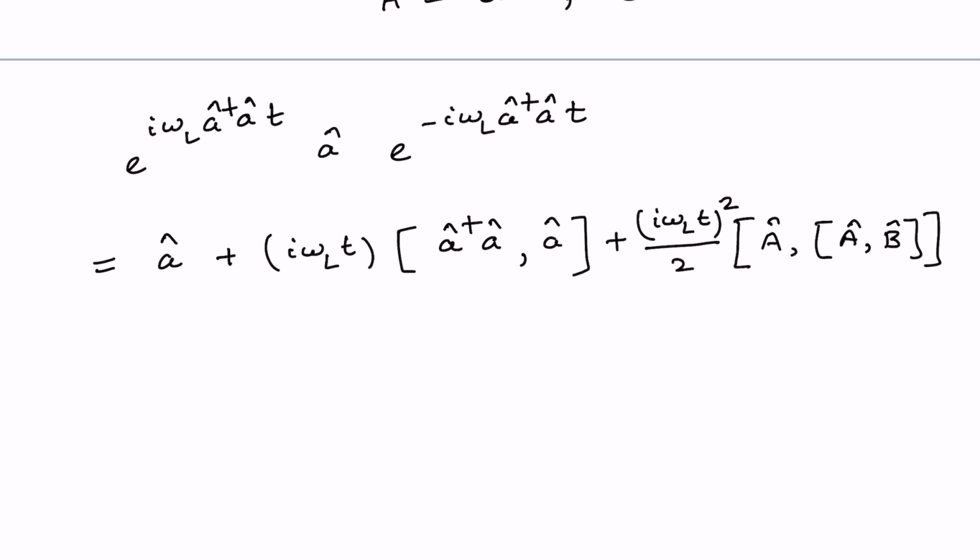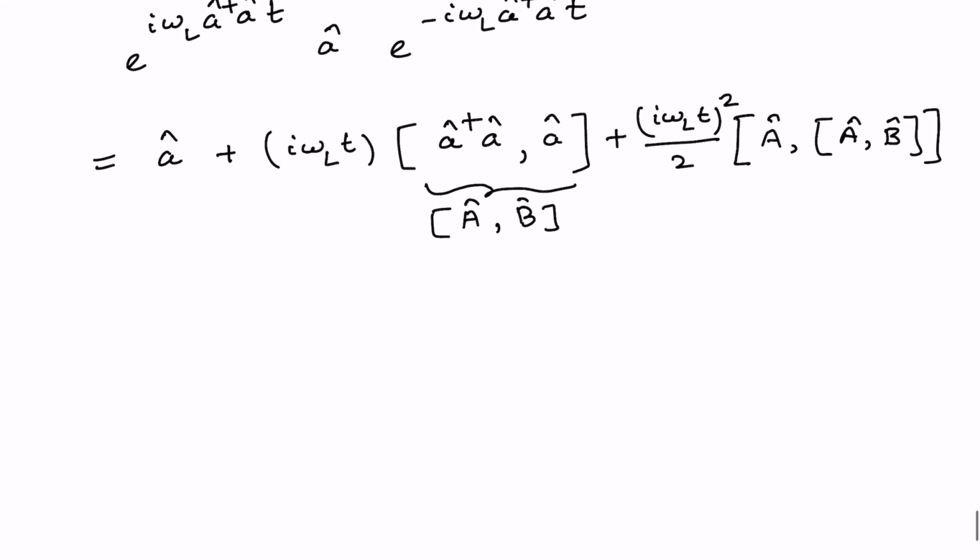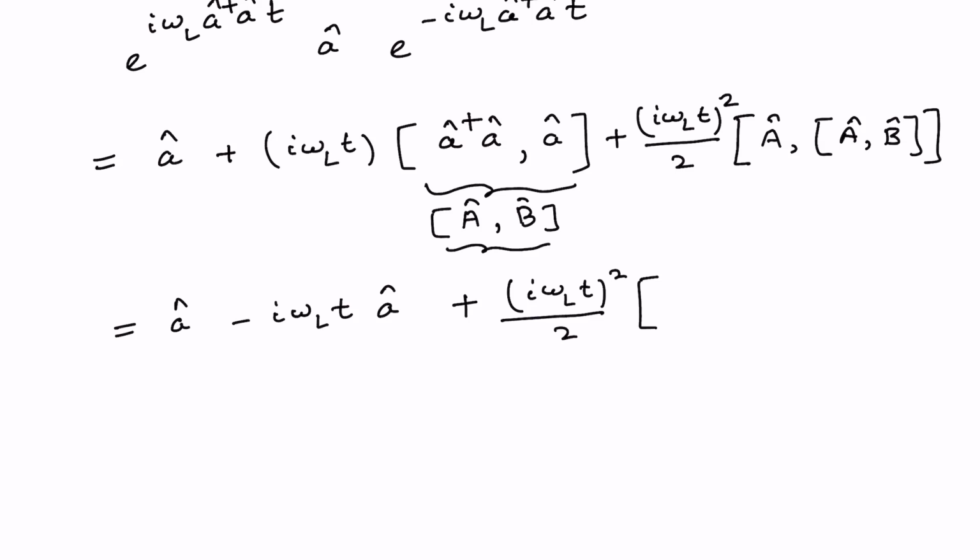First let me work out this commutator, that is A and b. It's very trivial to work out. You are going to get minus i omega_L t times minus a, then plus (i omega_L t) whole squared by 2, and here the commutator of a† a with a is minus a.